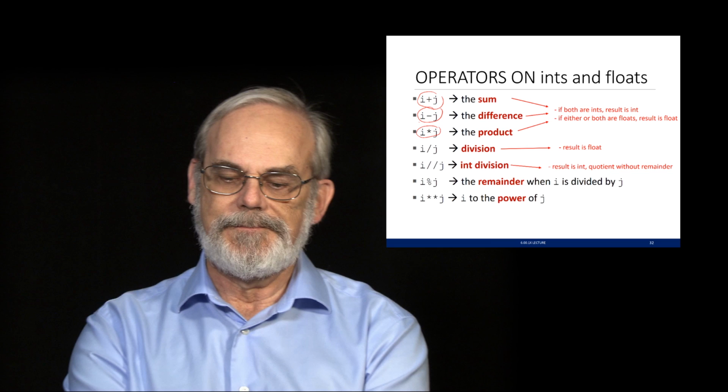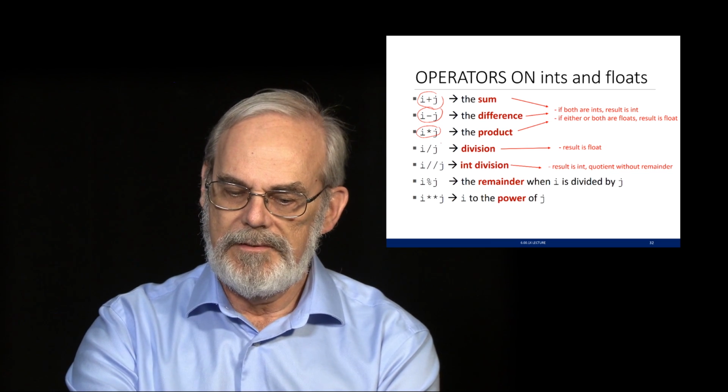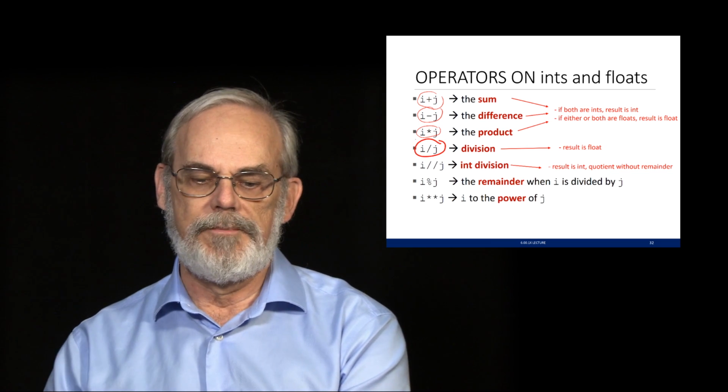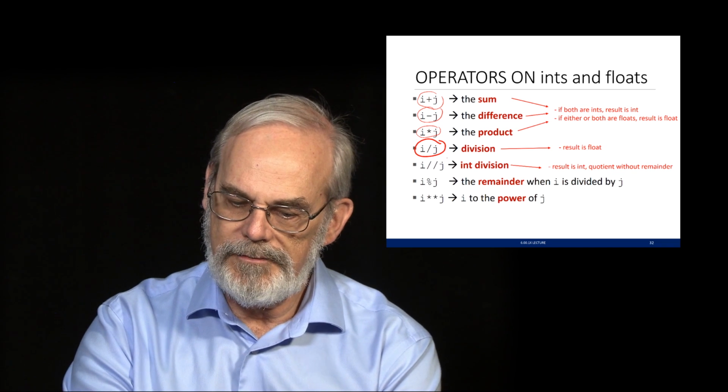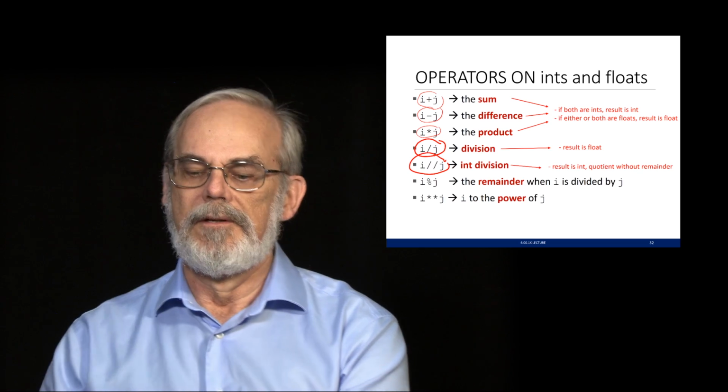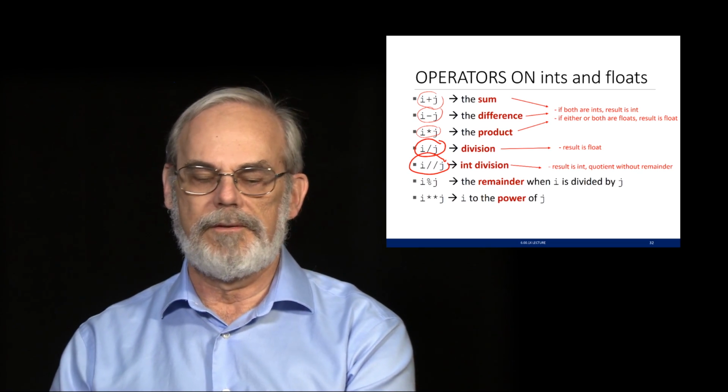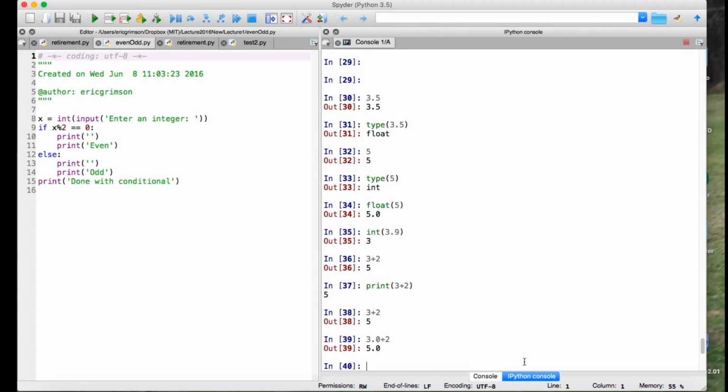Division's a little trickier because I have both standard division, which will be a float, and I have integer division, which will be the quotient without the remainder. And let's look at 2 examples. If I do 5 divided by 2, I get 2.5. If I do 5 with 2 slashes divided by 2, I get the integer part, which is 2.